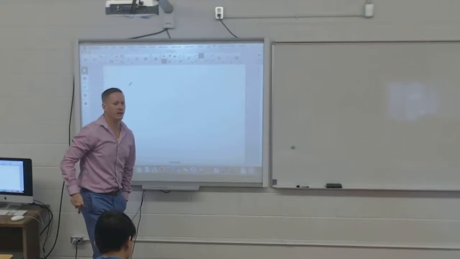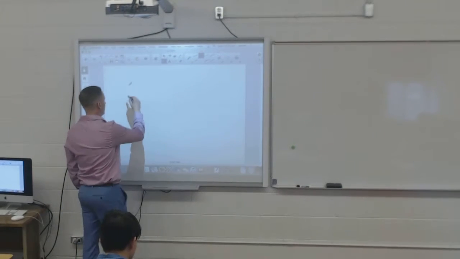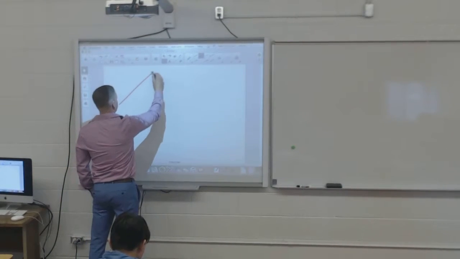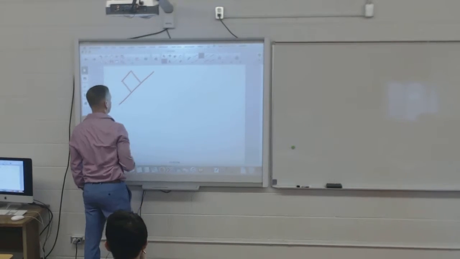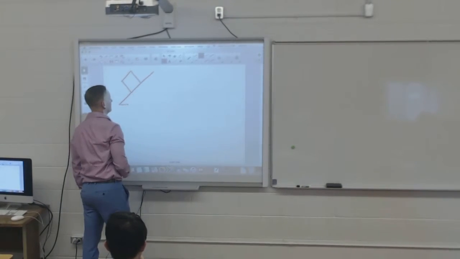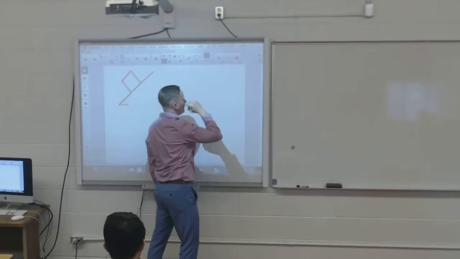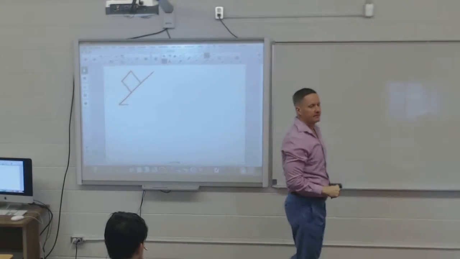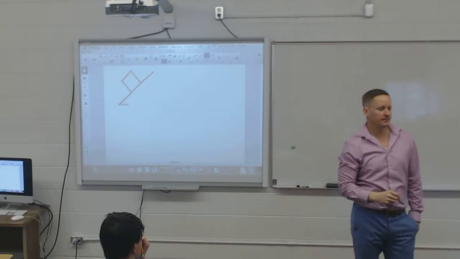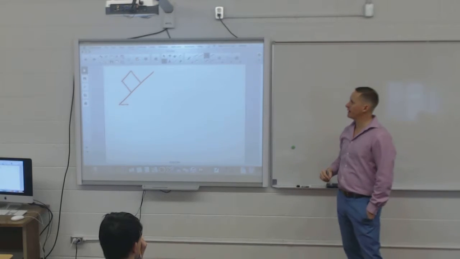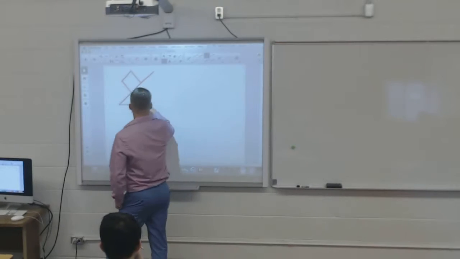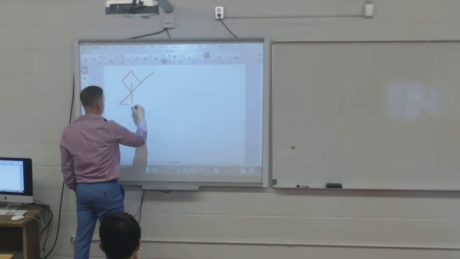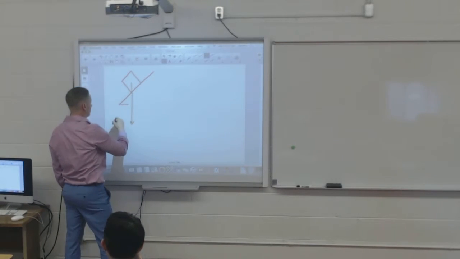So, those of you that got that wrong on the test, the forces acting on this are as follows. Right? What's pulling them down? Gravity. That gravitational force takes them straight down here.